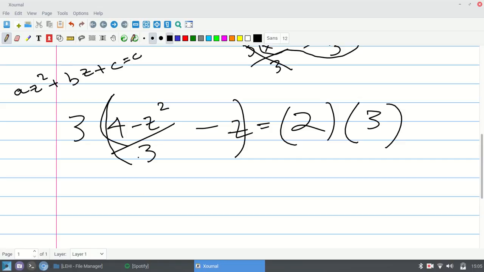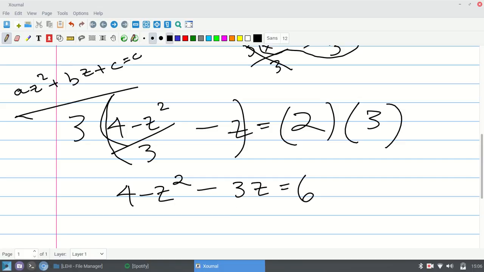If I multiply 3 into this, that will cancel with the 3 on the bottom. So I end up getting 4 minus z squared. Now this 3 will also expand into this term, and so it'll be minus 3z, and then 2 times 3 is 6. So I've got this equation, and it's coming closer to this form.